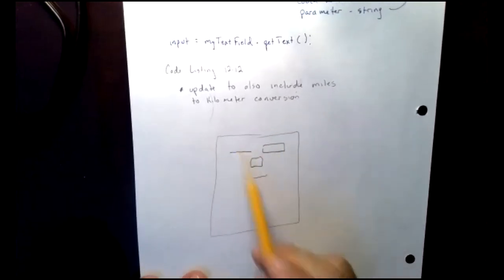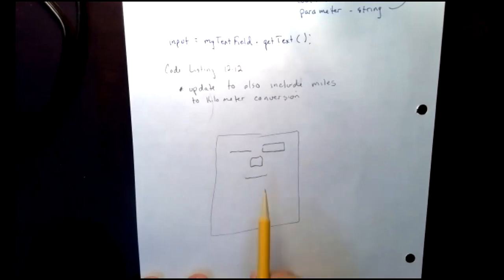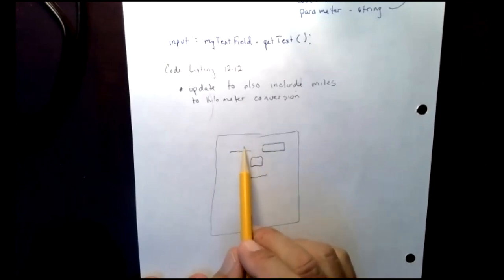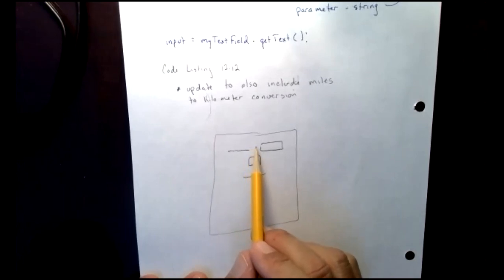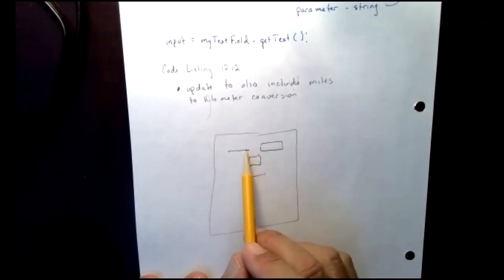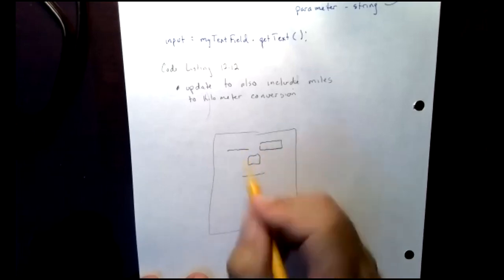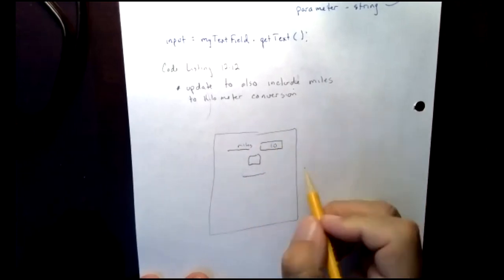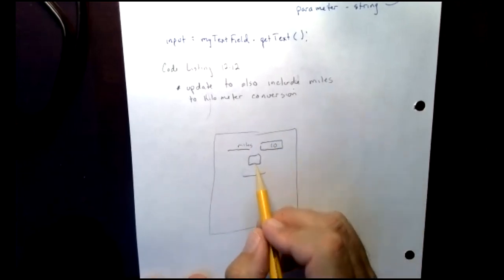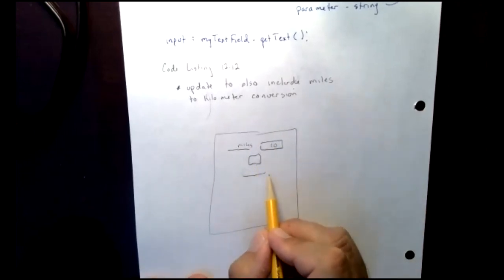It almost looks like a face of somebody smiling. It said, please enter the number of miles. We typed in something like 10. We clicked on it and it displayed the number of kilometers.